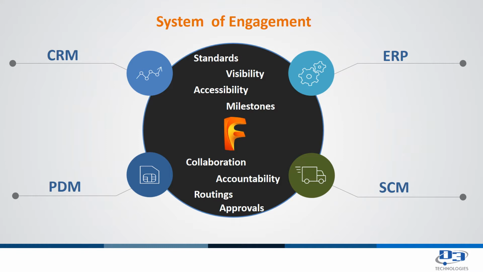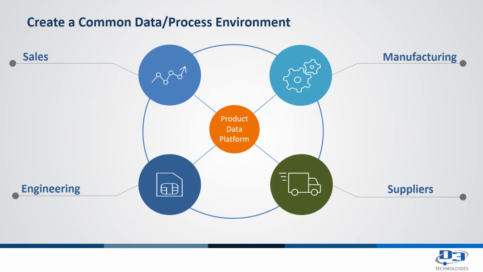So this is where Fusion Lifecycle can really add a lot of value to your organization. So that's really what we're here to talk about today, is how do we help you create that system of engagement? And it's what we call our product data platform.